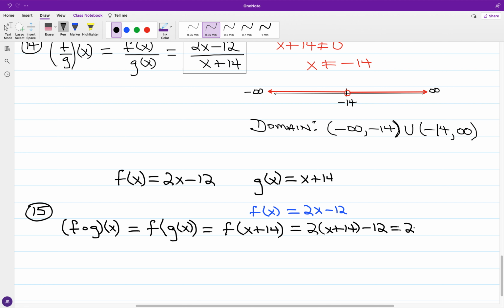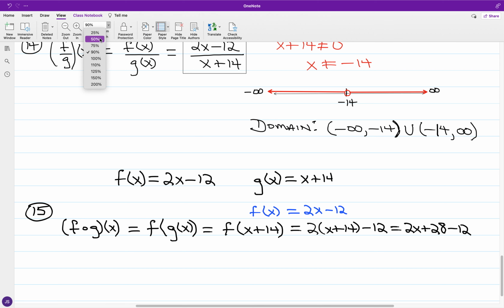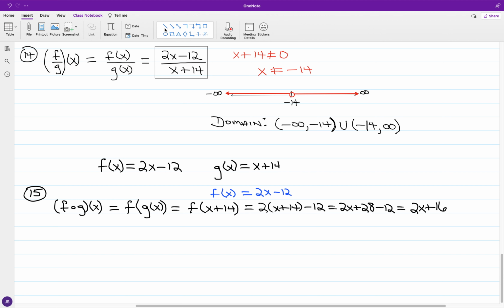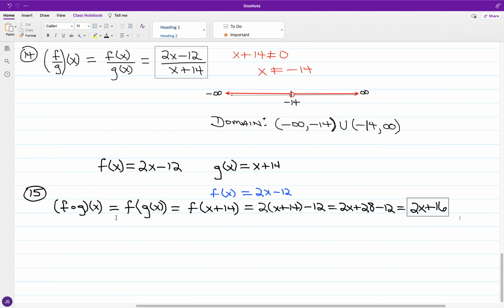And so we'll have 2x plus 28 minus 12. And for the result, this will come out to 2x plus 16. So this will be the expression from composing what we have here in the statement f composed with g of x.